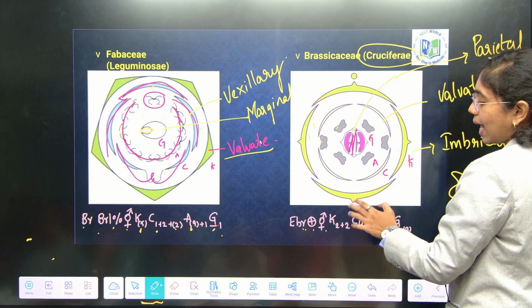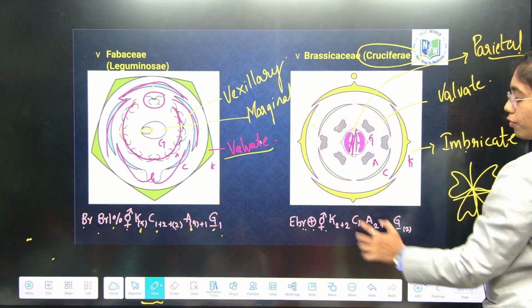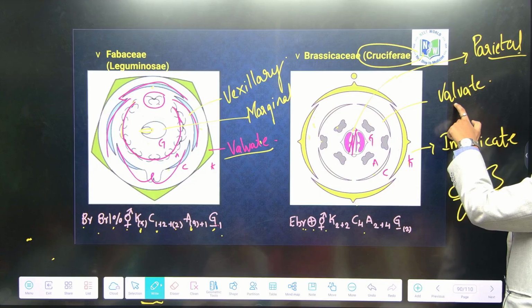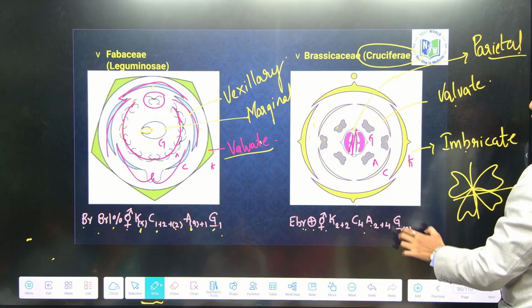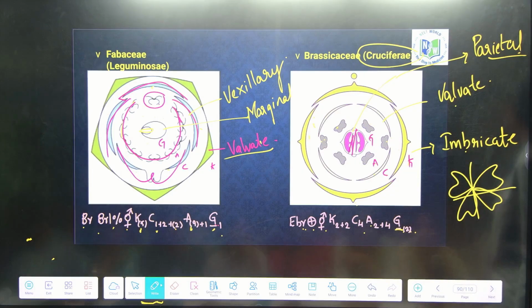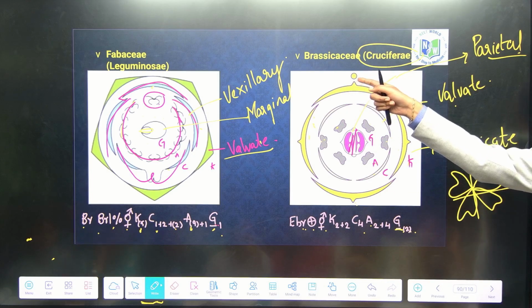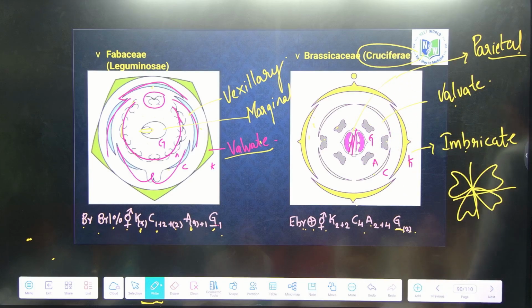Bisexual, calyx 2 plus 2, imbricate estivation. Corolla 4, valvate estivation. Androecium 2 plus 4, gynoecium, superior ovary and bicarpellary. What placentation? Parietal placentation. Clear with Fabaceae and Brassicaceae? Fabaceae also known as what? Leguminosae. Brassicaceae also known as cruciferae. Clear? Understood everyone?